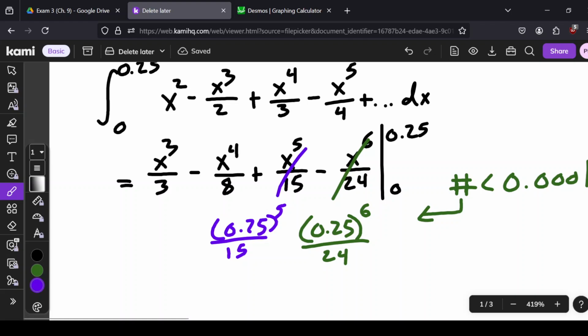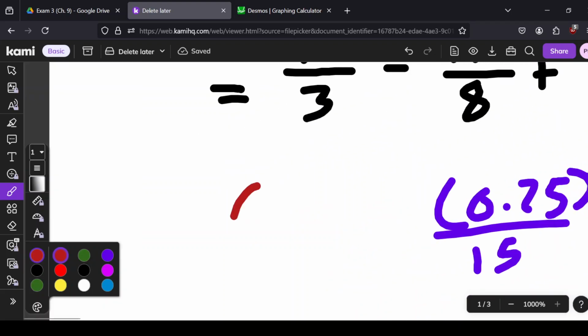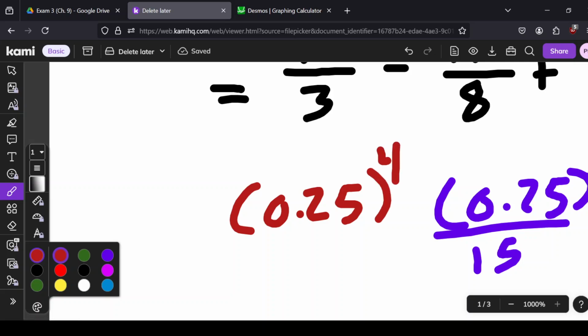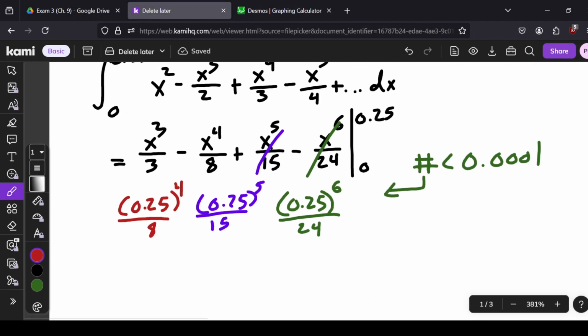You don't need that one. New numbers. All right. Let's try this out. 0.25 to the 4th over 8. 2, 3, 4. Okay. So this one, we need this one.